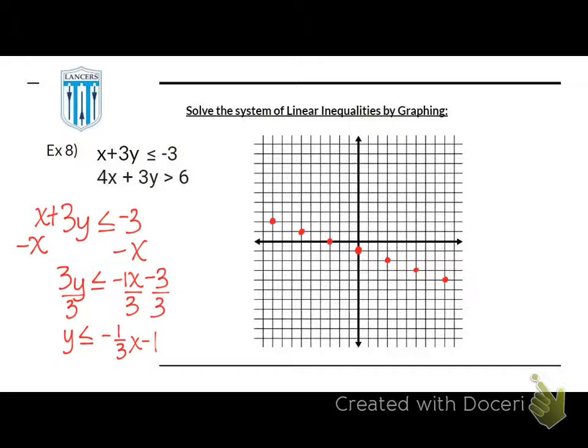The line through those points should be solid, because that one has the equal to bar. We are going to shade below, because it's less than, we shade below that line. Questions about it?